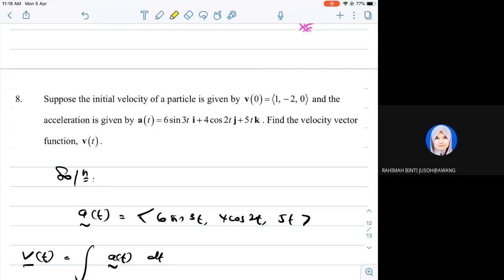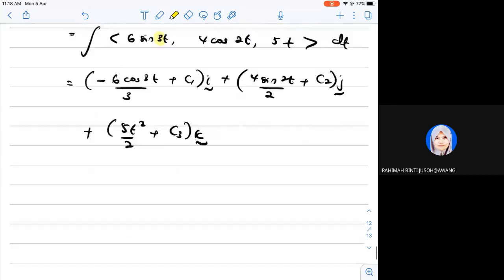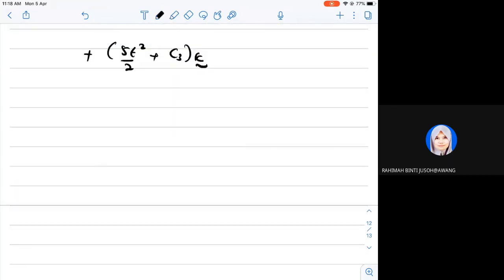Ni yang dia bagi. Okay, so we have to compare, isn't it? Given that V0 equals to 1, negative 2, 0. Okay, so we have apa yang kita dapat tadi.